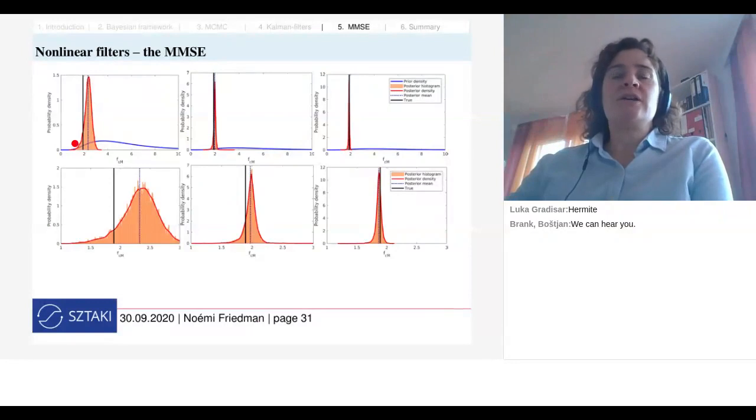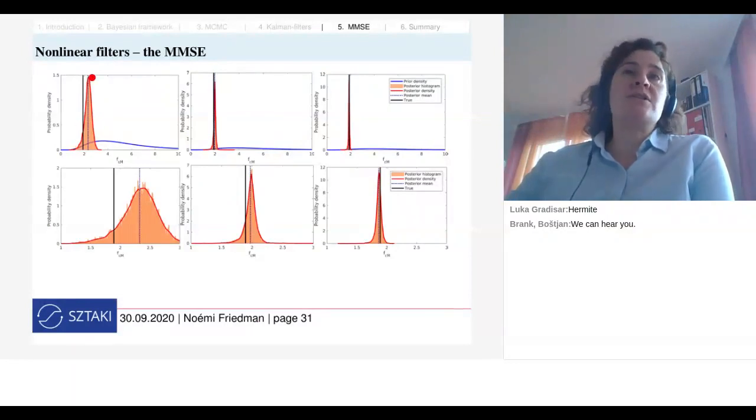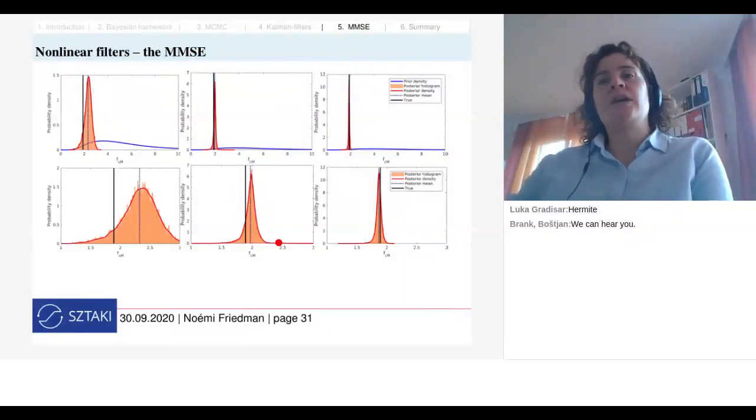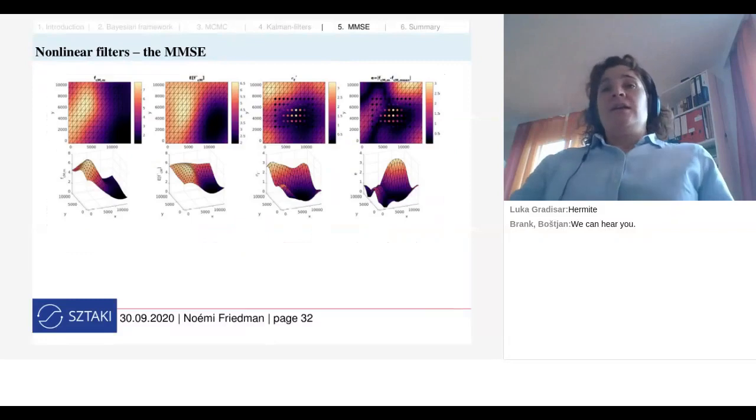When I use a linear term, I get exactly the same thing as for the Kalman filter, because the linear version of the minimum mean square estimator is the Kalman filter. And then as I increase the degree of the polynomials, I get a more accurate result.